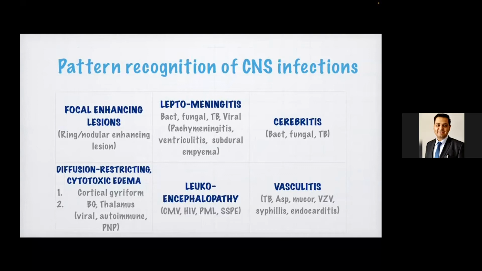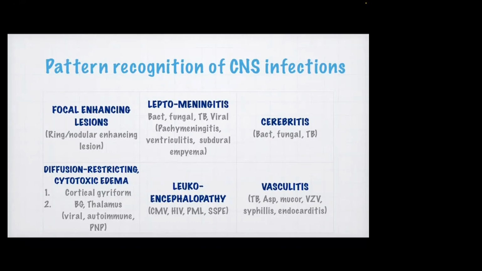which may later result in a large single abscess or multiple brain abscesses. The message I'm trying to give is that if we can recognize the predominant or early pattern to start with, there can eventually be overlap between all these patterns. But if you can recognize an early and predominant pattern, a few organisms are responsible for specific patterns and a few are less likely in these patterns.